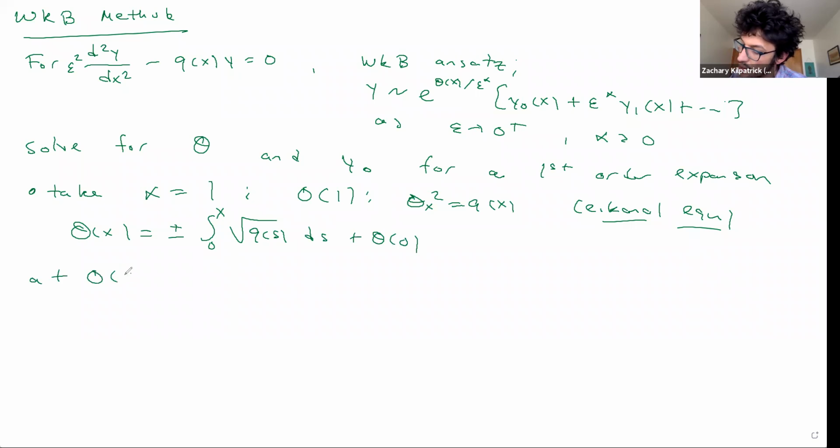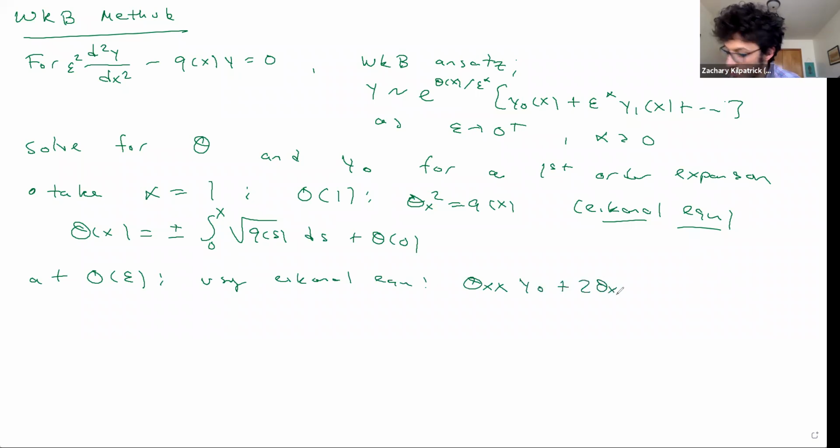At order epsilon, we found that using the eikonal equation, we could reduce the order epsilon equation down to theta xx y0 plus 2 theta x y0 prime equals 0.